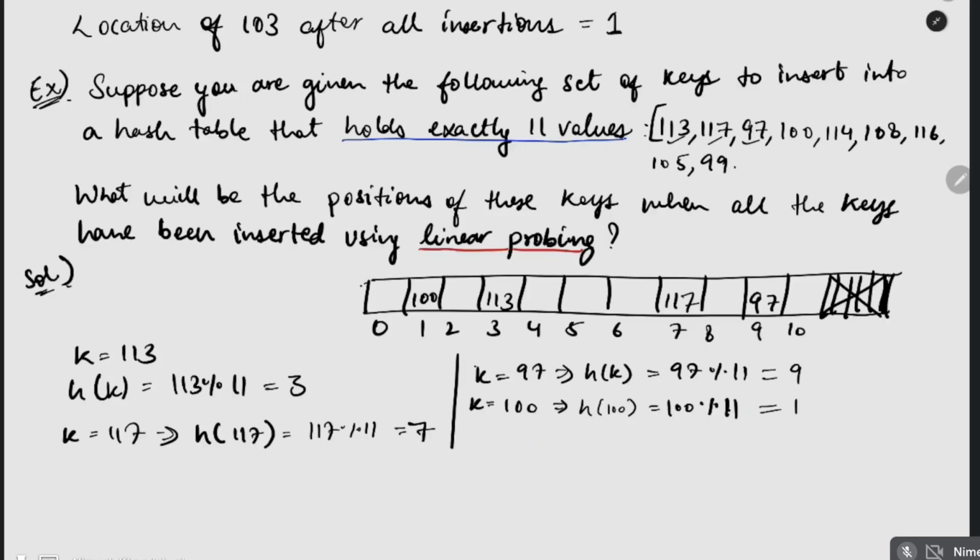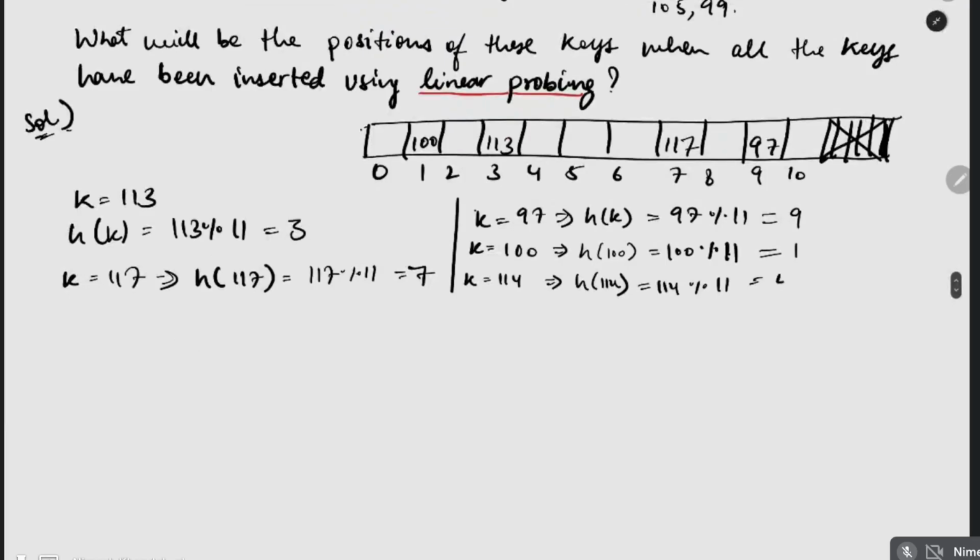Because it is empty. Now 114. The key for 114 is 114 mod 11, that is equal to 4, and the slot at index 4 is empty. So 114 goes there.